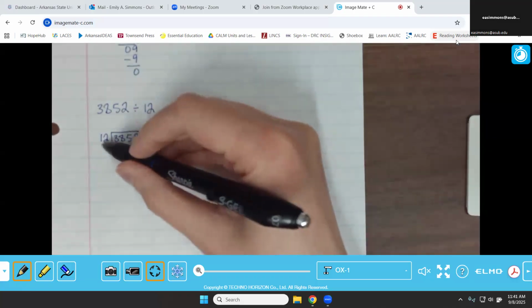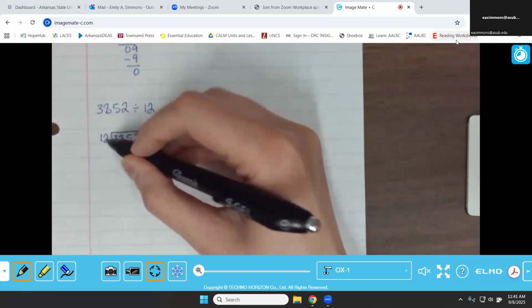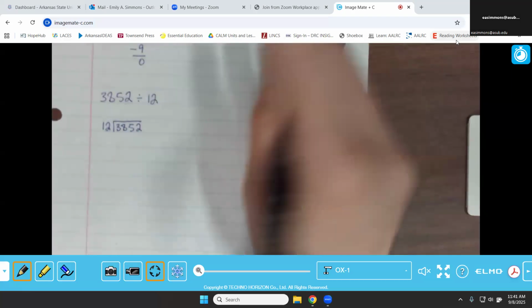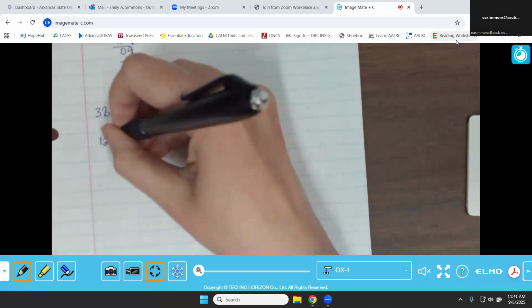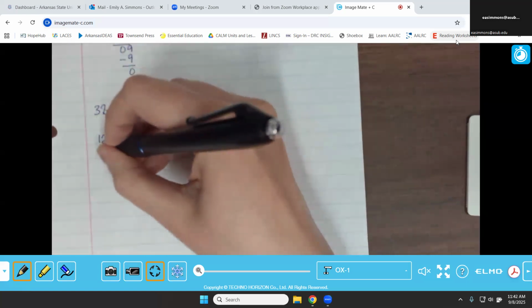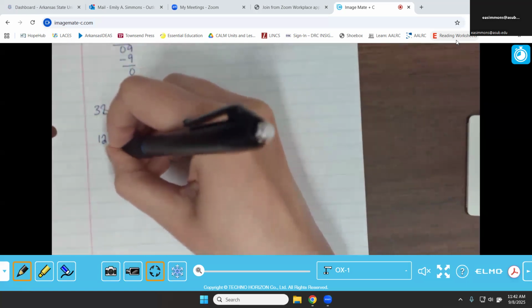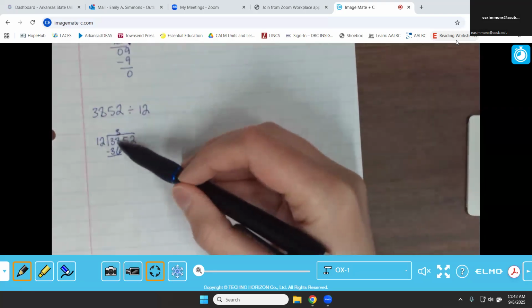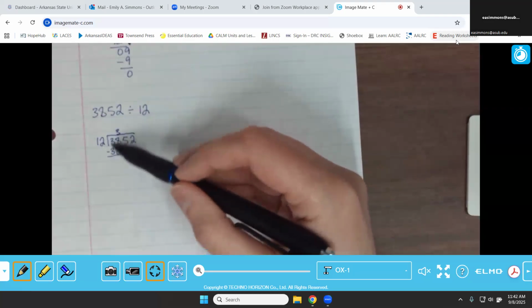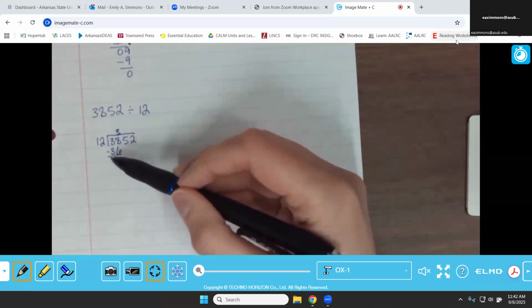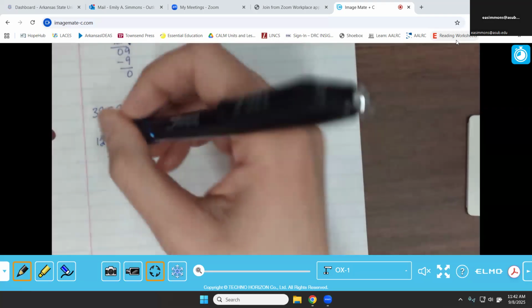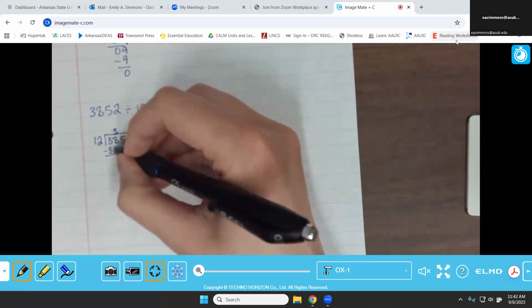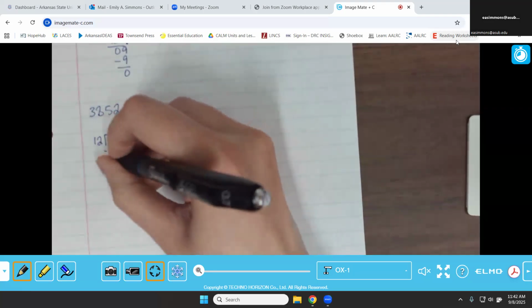So looking at this, 12 can't go into 3, but it can go into 38. And it goes into 38 3 times because 12 times 3 is 36. When we're doing this, we don't want our number to go over because we don't want to subtract a negative number. That'd throw our whole problem off. So 38 minus 36 is 2.